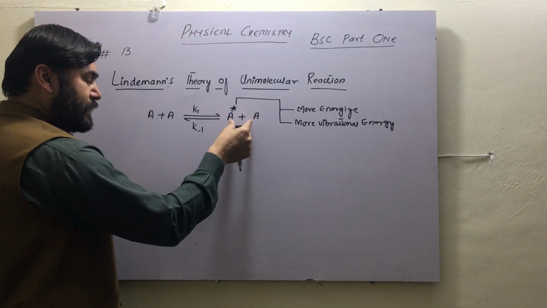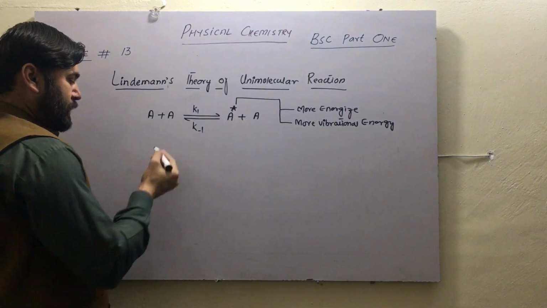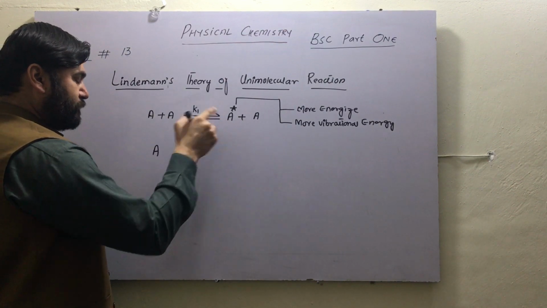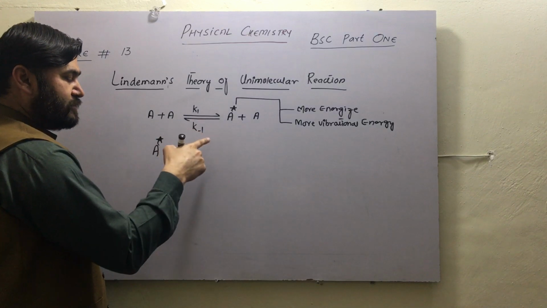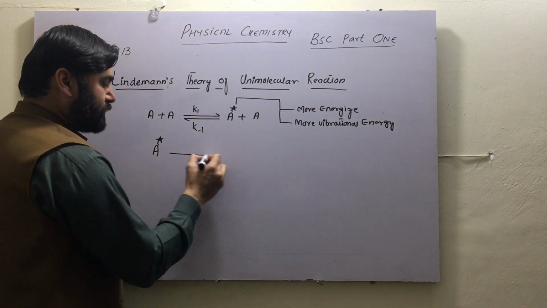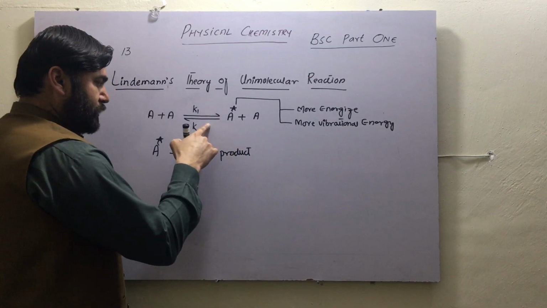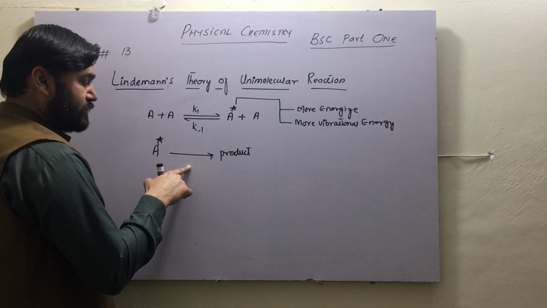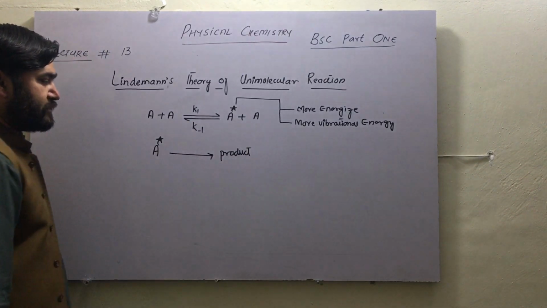Now these two will react with rate k minus 1 and form A plus A. And the second step is for A star. This A star is a more energized molecule, so it will form product. The first step is a reversible reaction, but this is not reversible because it will directly convert into product.